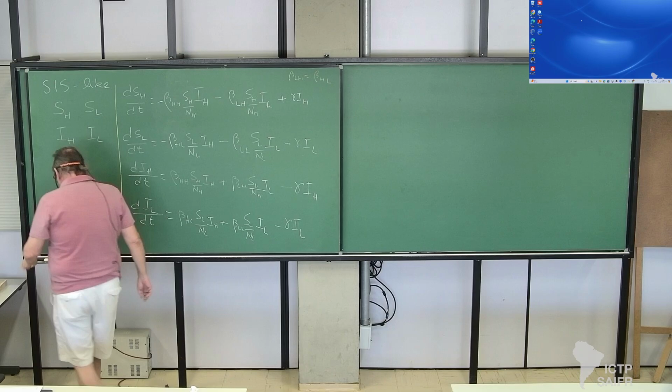If you are more mathematically minded, you know what you have to do. You have to calculate an eigenvalue and see if it has a positive real part or not. That's it.